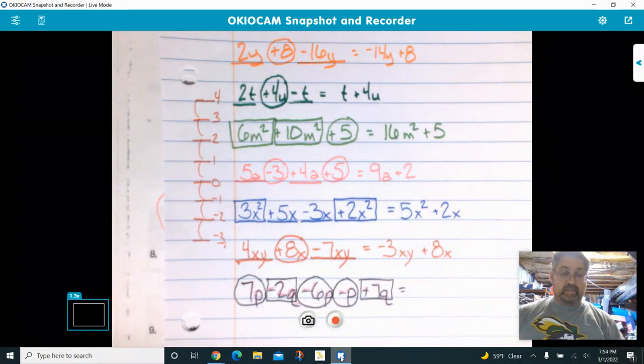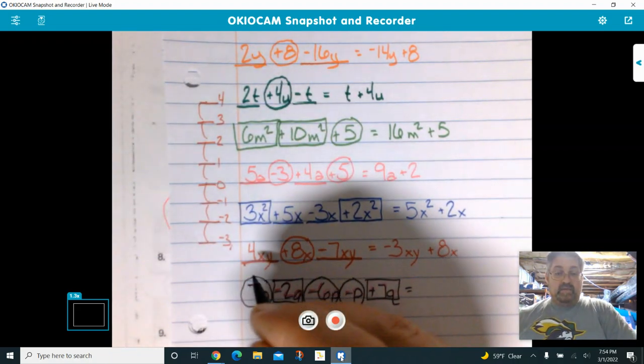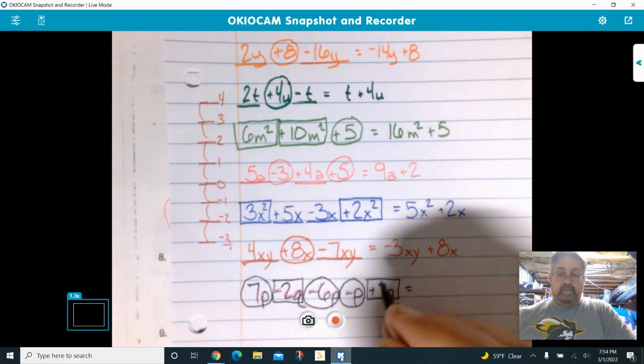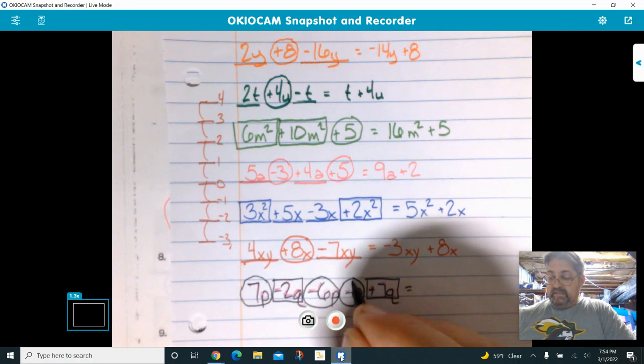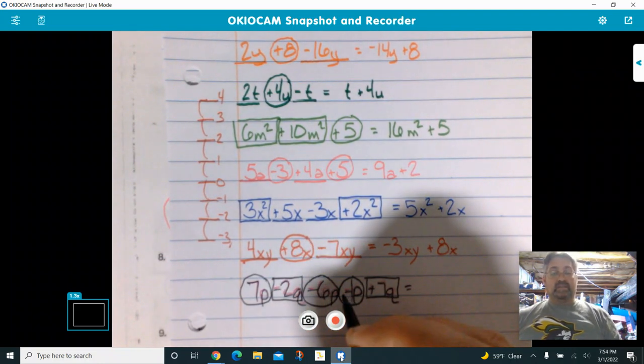What all has a p in it? Everything that's circled, right? So 7p minus 6p minus p. Now this one here that's minus p has an invisible 1 standing in front of it, so it's negative 1p. So we have 7, take away 6, take away 1.